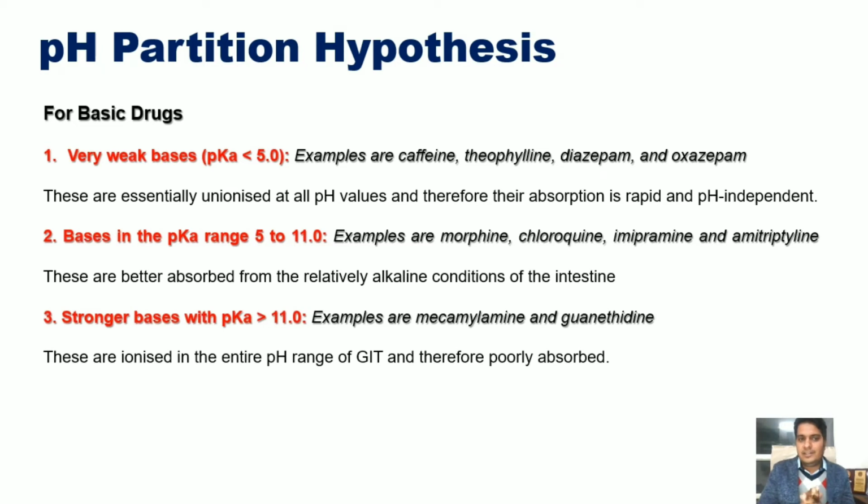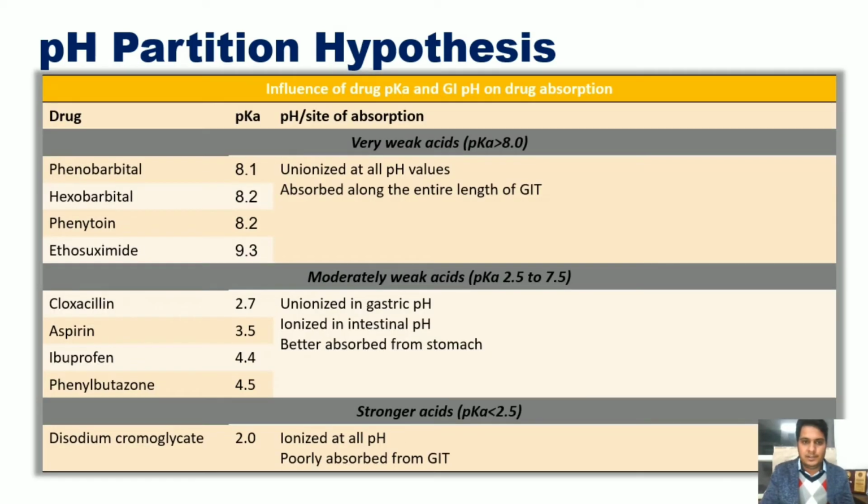And if these are stronger bases, that is, pKa more than 11, examples are mecamylamine and guanethidine. These are ionized at all pH conditions of the gastrointestinal tract, and therefore these drugs will be poorly absorbed from the gastrointestinal tract. So this is the list of the drugs.